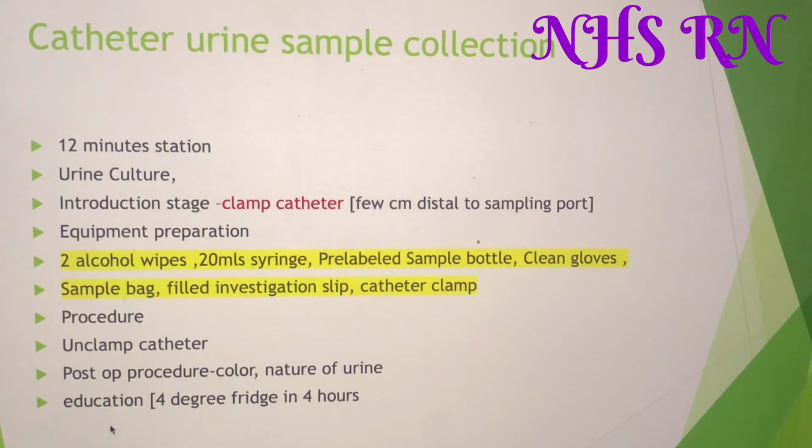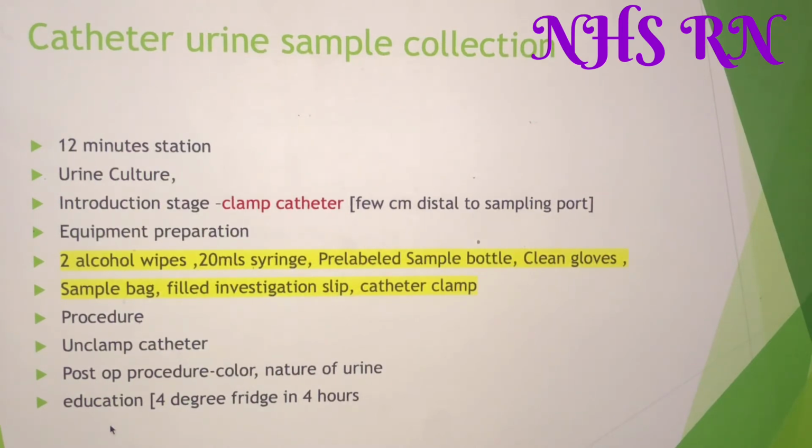I will explain this procedure quickly, so you understand what urine sample collection is. This is the same as what we do in a normal situation in hospital. You go and tell the patient that you are coming to collect a urine sample. At that time you can clamp the catheter.